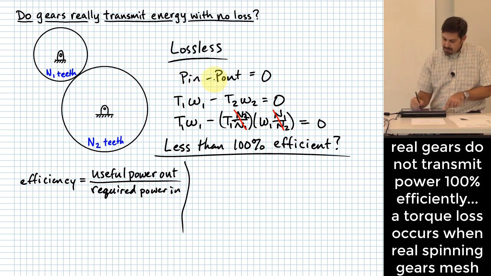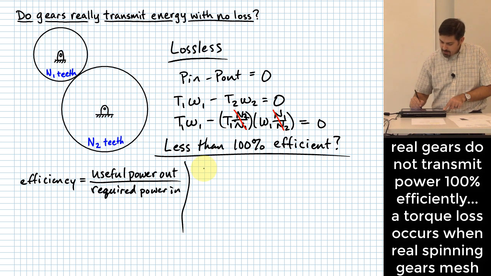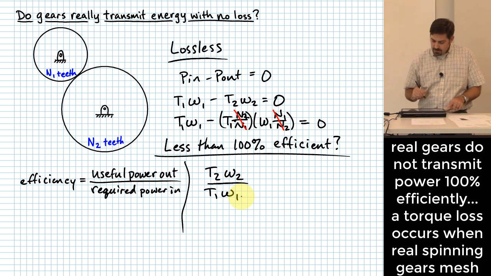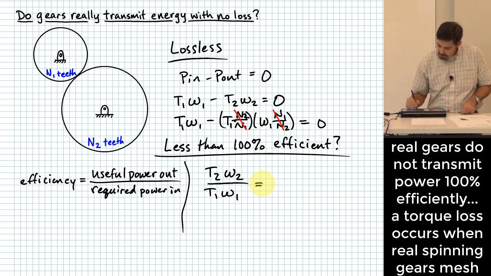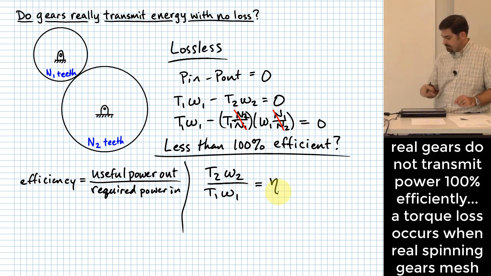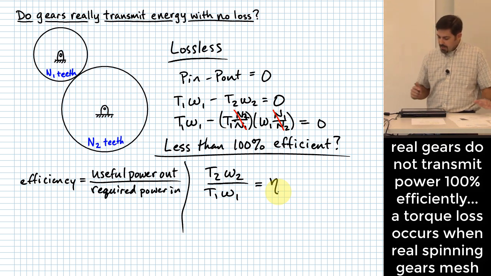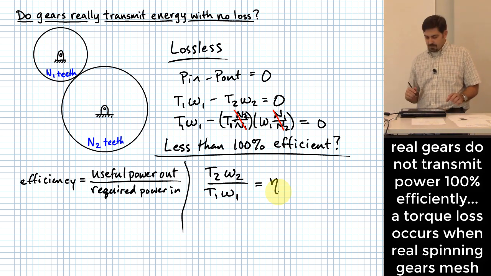Let's think about P in and P out. Instead of saying it that way, what if we do it with P out, which would be T2 omega 2, over T1 omega 1. And that is going to be equal to this efficiency, and there's a fancy symbol we give that, eta. So there's our efficiency equation. Let me ask you a question about that, though.